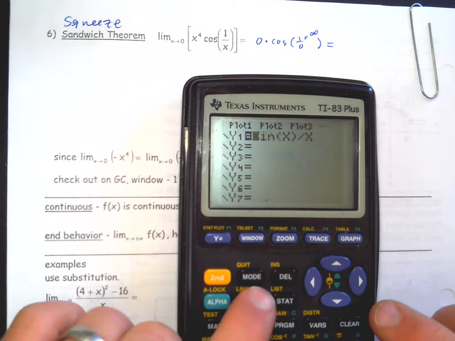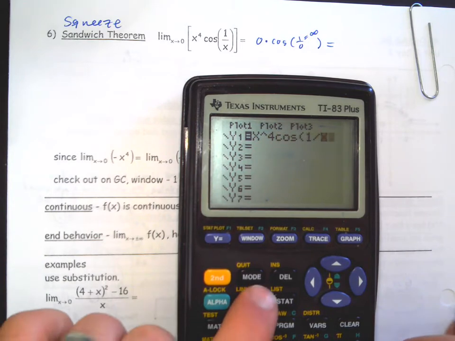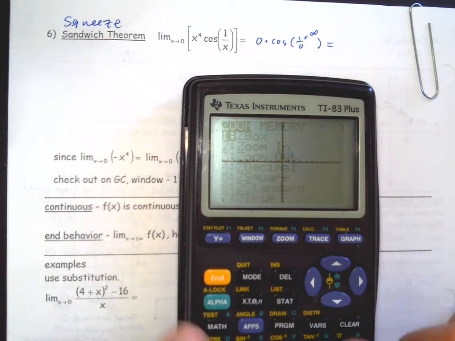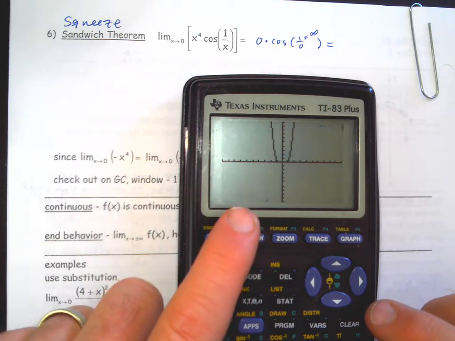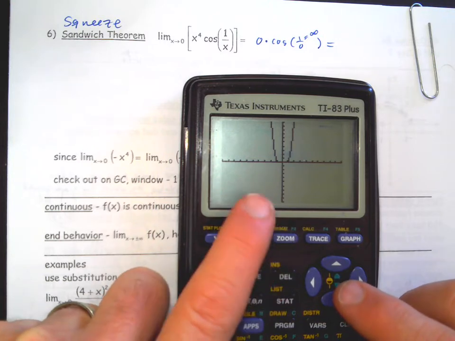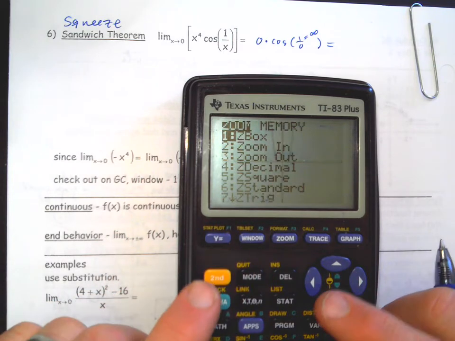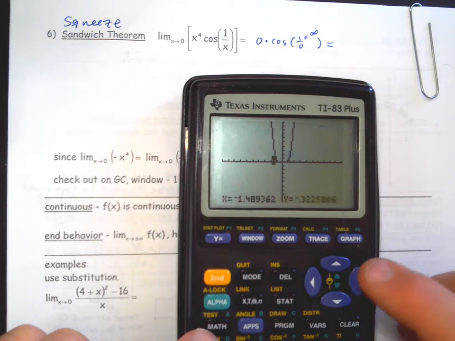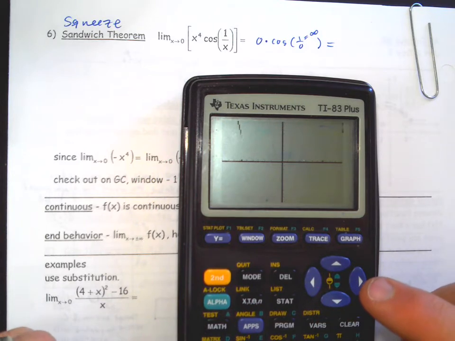So let's see if we can see what this graph looks like. x to the 4th times cosine of 1 over x. We can do zoom 6 just to start with. There it is. Now it looks almost like a parabola, but what we might be able to do is see what's happening closer in there. Oh, kind of interesting.